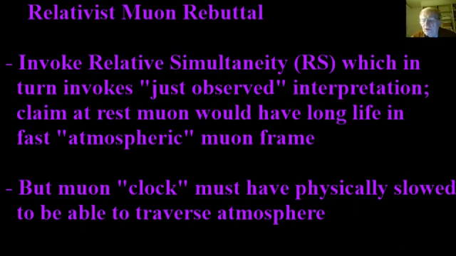They're saying it's just an observed effect. But just from common sense, we sense that the muon clock must have physically slowed to be able to traverse the atmosphere when it was only expected to live for 2.2 microseconds, and the time to travel even at the fastest speed would be 700 microseconds. So we'll look into that a little bit more.